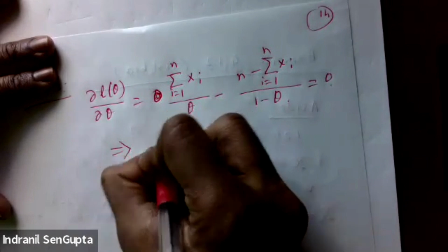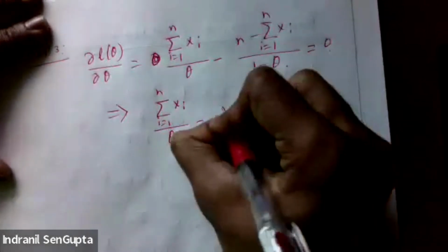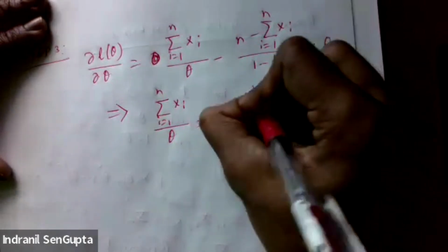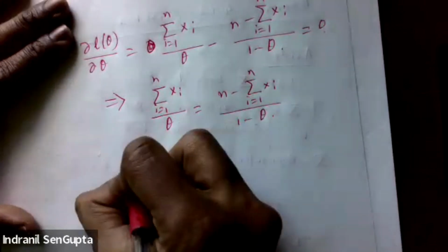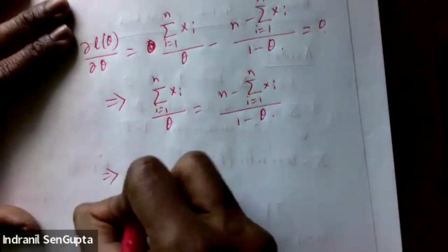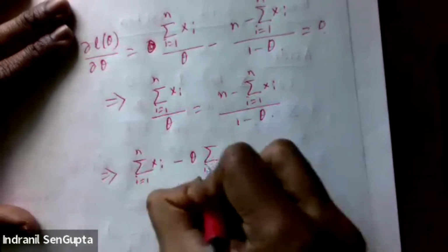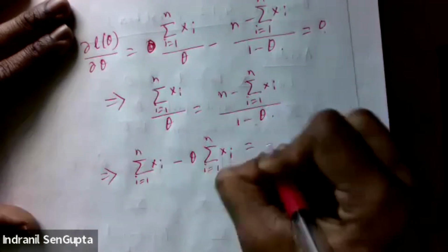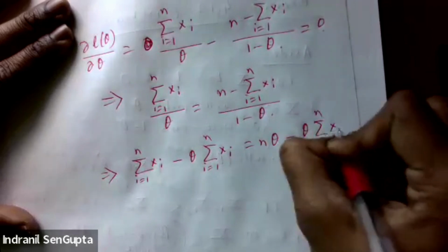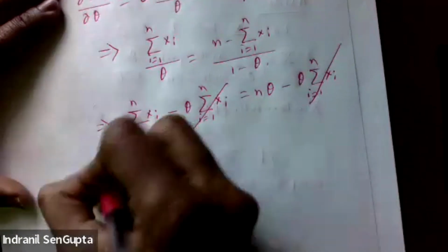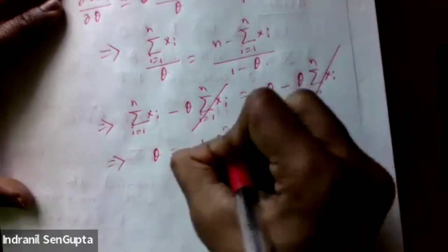The summation of xi over theta equals n minus the summation of xi over 1 minus theta. Multiplying through, the summation of xi minus theta times the summation of xi equals n theta minus theta times the summation of xi. These two terms cancel. So my theta becomes 1 over n times the summation i from 1 to n of xi.